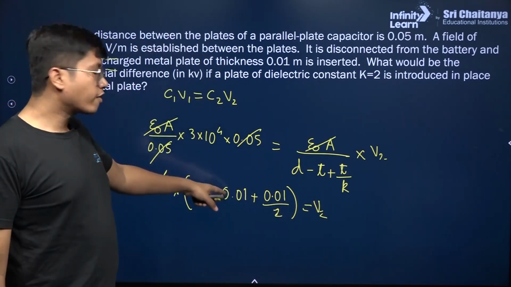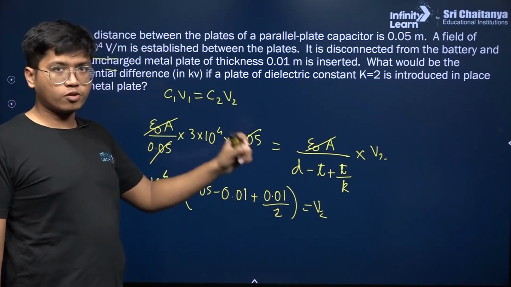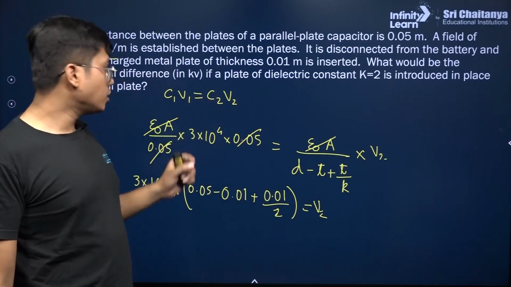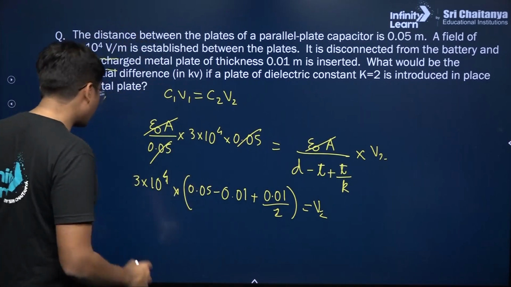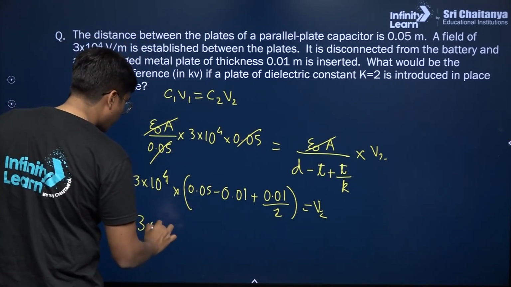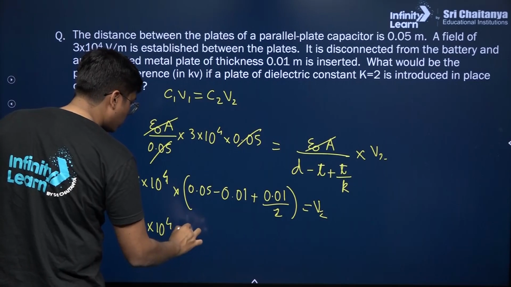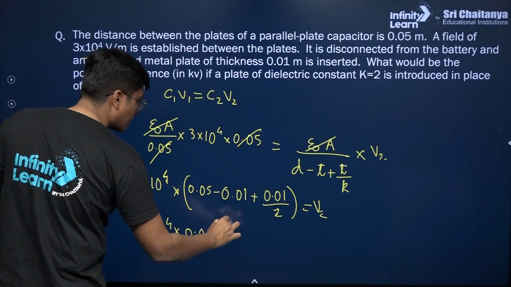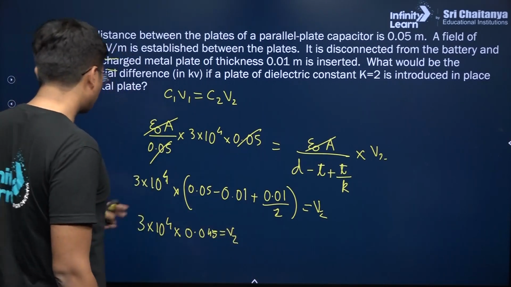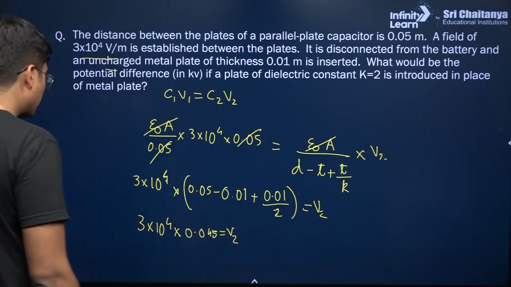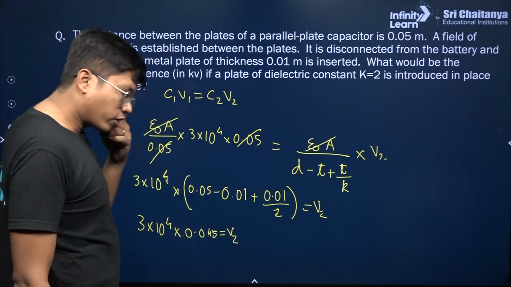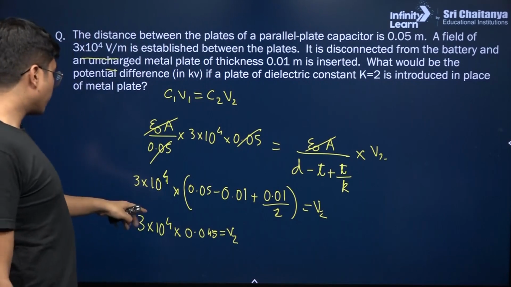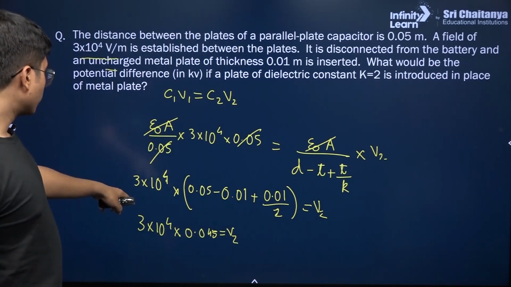So 0.05 minus 0.01 gives you 0.04, plus 0.01 divided by 2 gives you 0.005. So this part gives you 3 into 10 to the power 4 into 0.045. That is V2. If you multiply this, 45 into 3 takes you to 135.